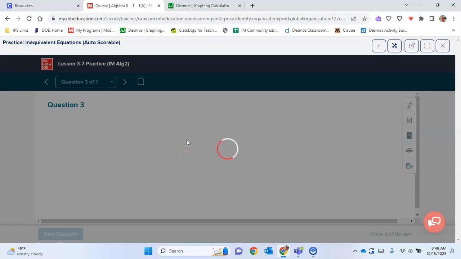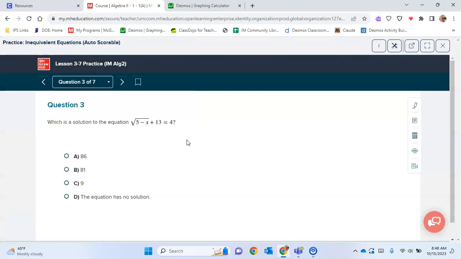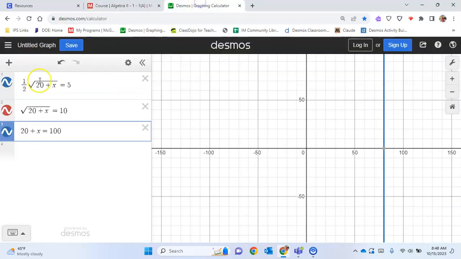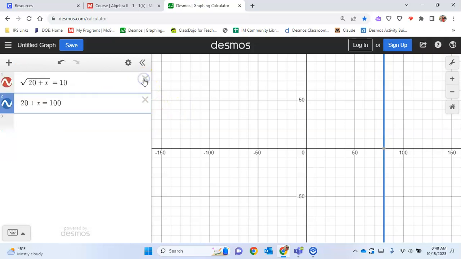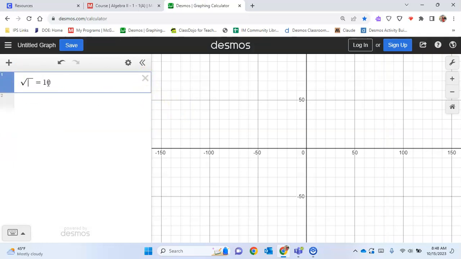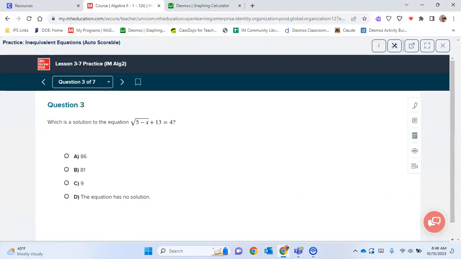Question 3. Which is a solution to the equation the square root of 5 minus x, plus 13 equals 4?